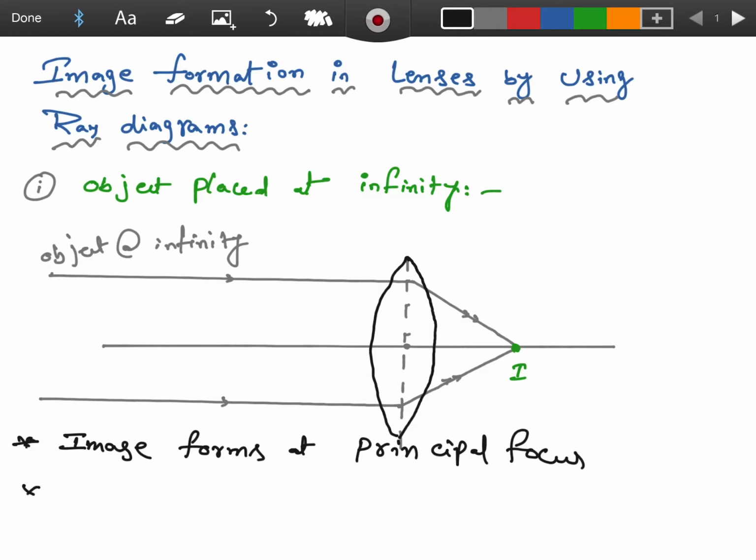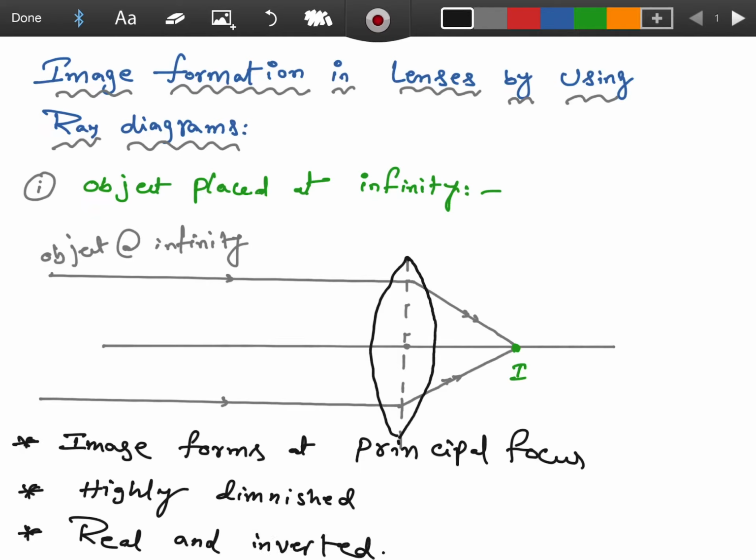Next, coming to the size, highly diminished. Nature, real and inverted. This is the first position, object placed at infinity for the convex lens. This is the convex lens, image formed at principal focus, real, inverted, highly diminished.